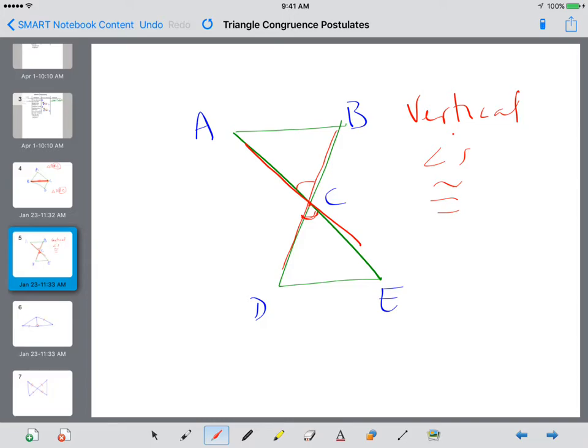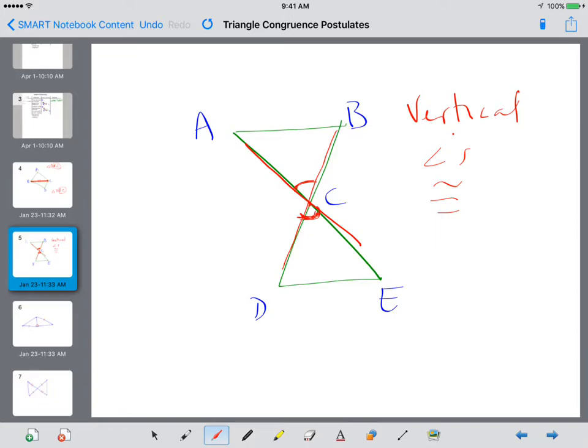So whenever you have triangles that are kind of touching at a point, that means they create vertical angles, meaning we should mark those two angles are congruent. That's something that's never going to be marked for you. It's something that you have to mark when you decide if the triangles are congruent.